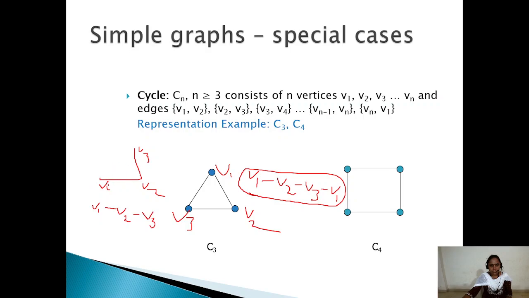So this is no cycle. Okay, this is the cycle graph. It consists of n vertices V1, V2, V3, up to Vn, and edges V1 to V2, V2 to V3, V3 to V4, up to Vn to V1. This is C3, C4 is a cycle graph. This is a cycle. This is no cycle.